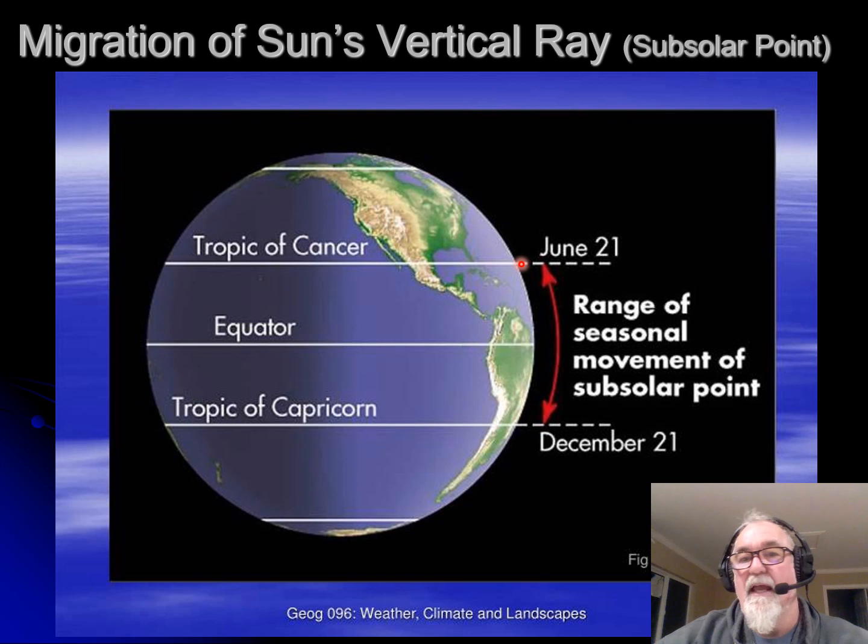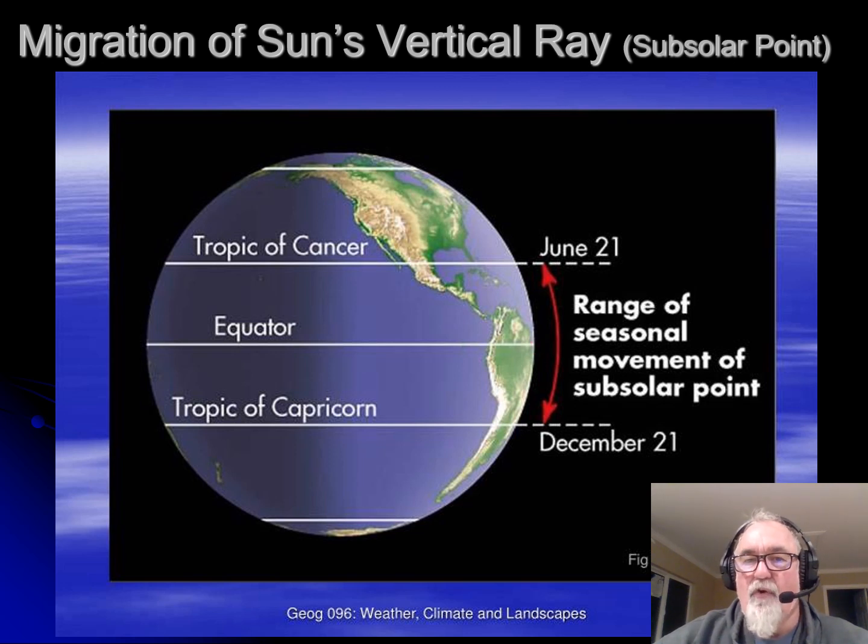Now, in between, going from June, July, August, September, the sun's direct ray strikes at the equator, and again in October, November, December, January, February, March. So in March and September, the direct ray of the sun is striking at the equator.